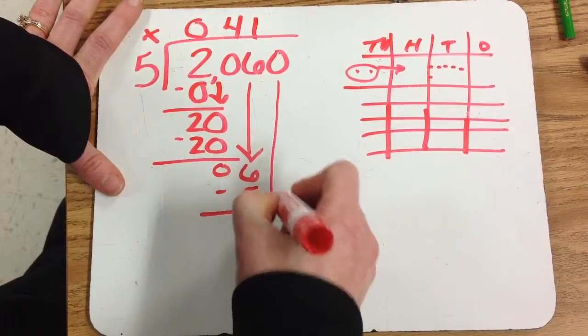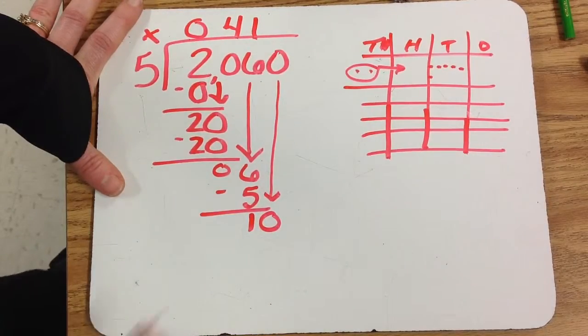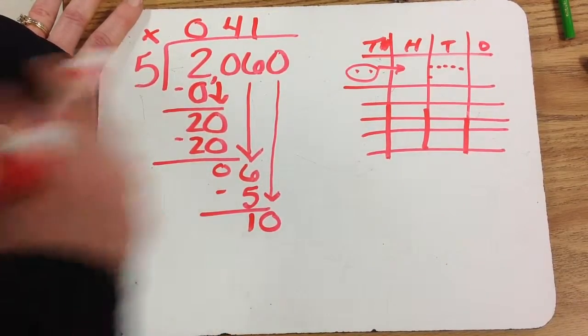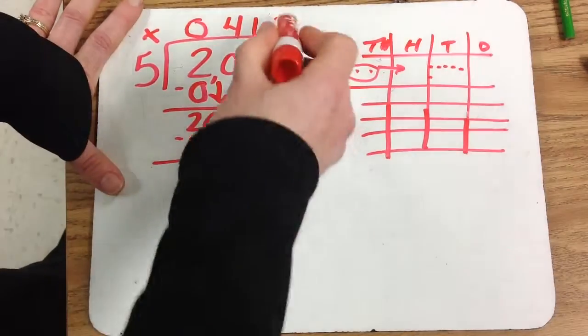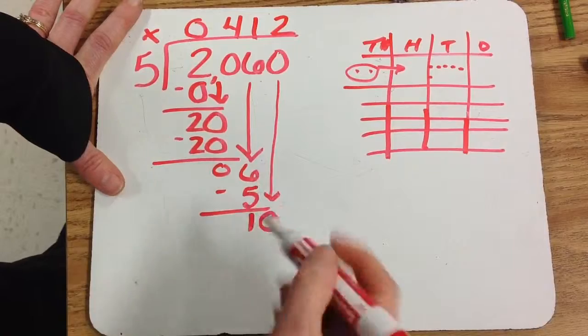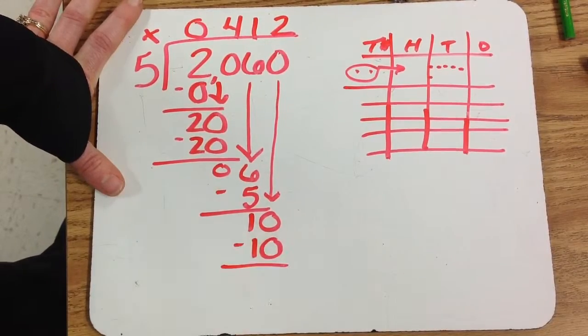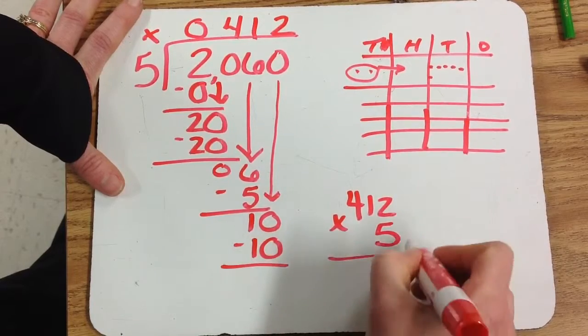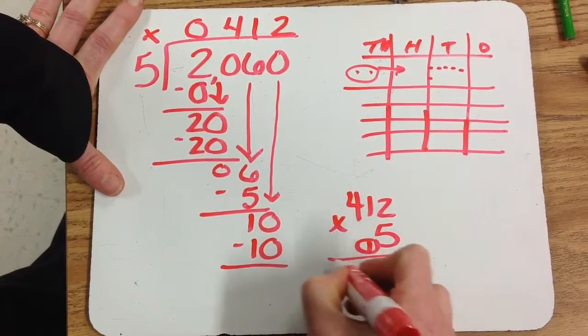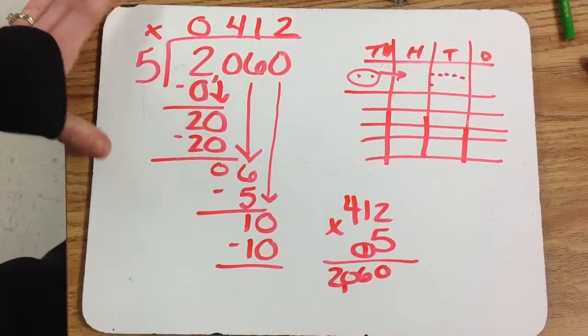Bring down that 0. 10 broken into 5 groups, or what times 5 gives me 10? It's 2. 2 ones times 5 groups is 10. My answer is 412. That's my quotient. If I check it, I get the same answer.